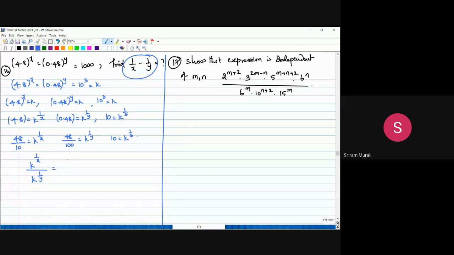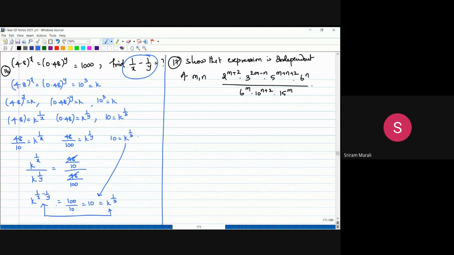So if I do so, what do you get? It is 48 by 10, it is 48 by 100. So if you reverse, is it not that 48 gets cancelled? It is 100 by 10. 100 by 10 will become 10. This is k power 1 by x minus 1 by y. So what is 10? 10 is equal to k power 1 by 3. Can I equate now?